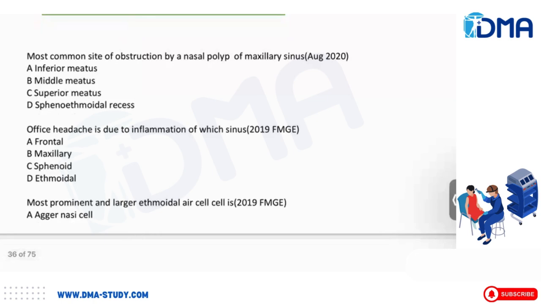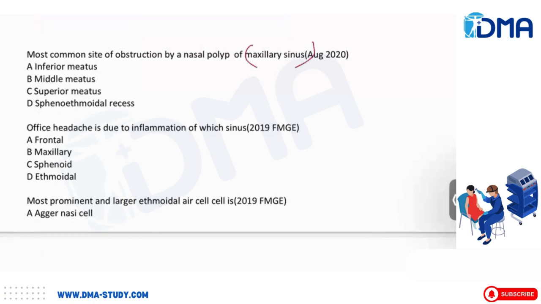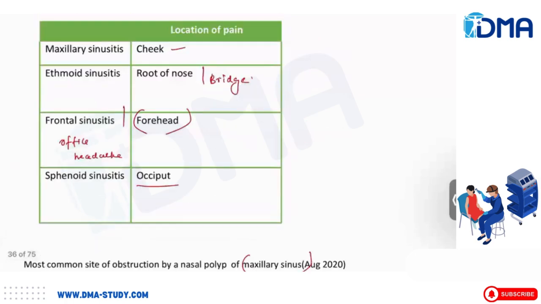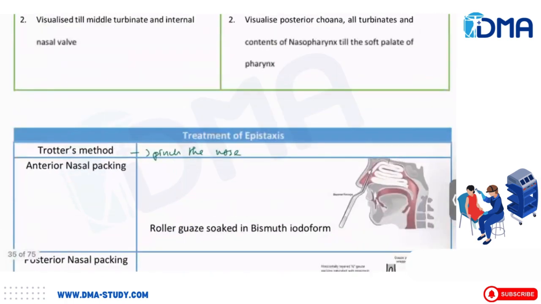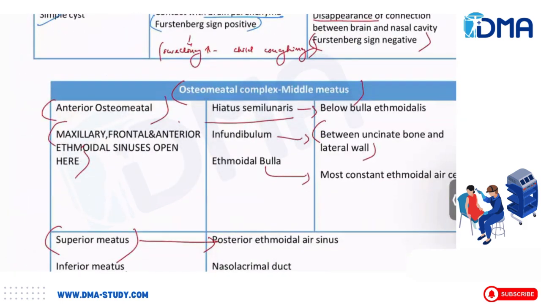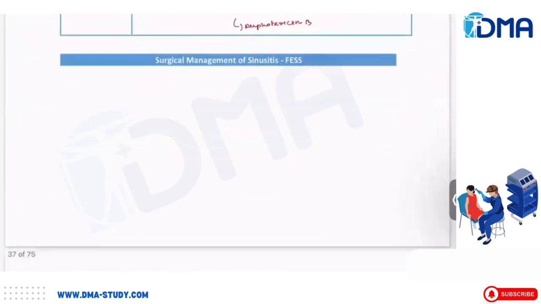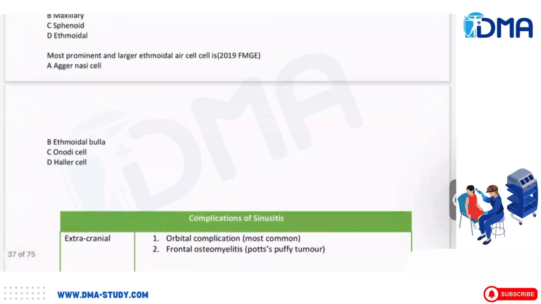See, maxillary sinus means the meatus that is closer is middle meatus only. I told you already. See here. So middle meatus only, maxillary, frontal, and ethmoid. Answer is middle meatus. Fine.